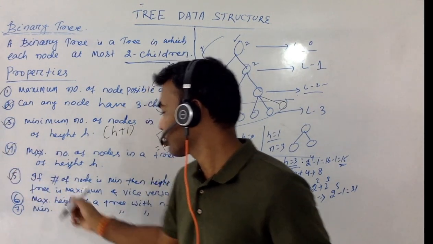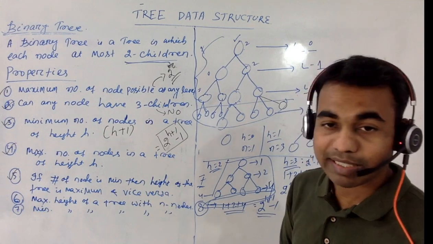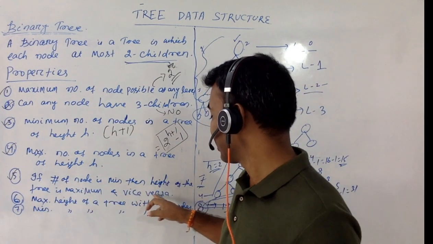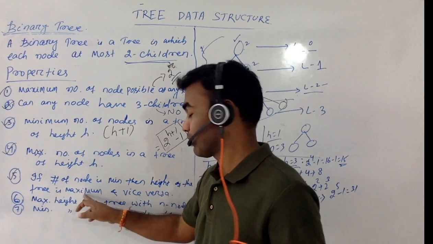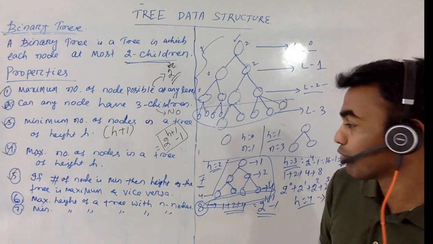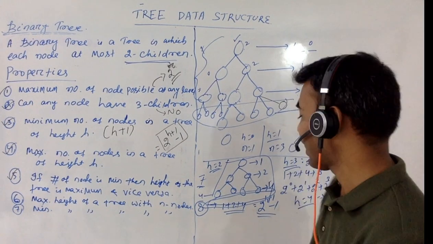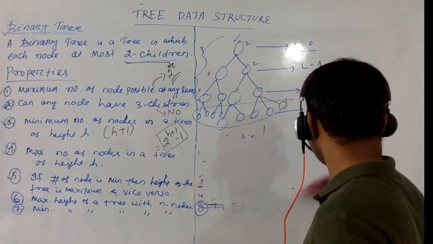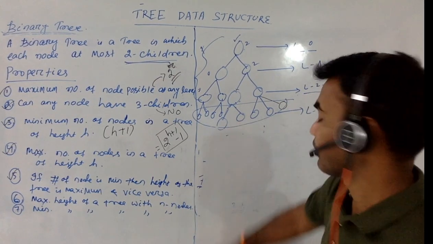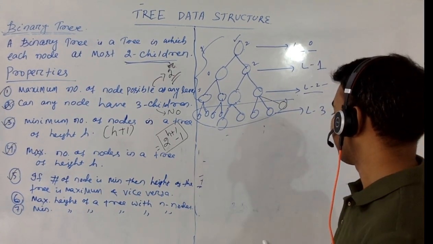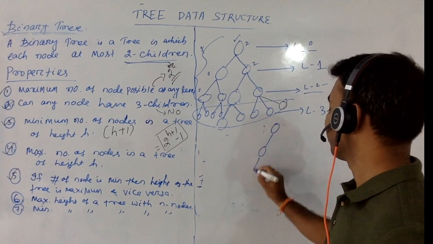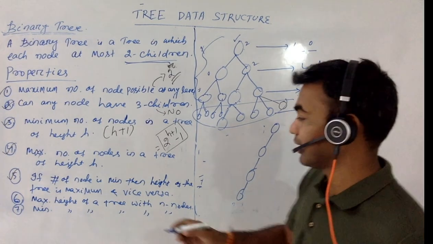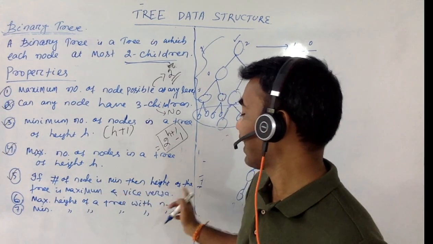Now let's look into number 5. If the number of nodes is minimum, this is an important observation, and there is nothing to derive: if the number of nodes is minimum, then the height of the tree is maximum, right? Like we discussed. Let's take an example, maybe we'll understand it clearly, but it is simple.